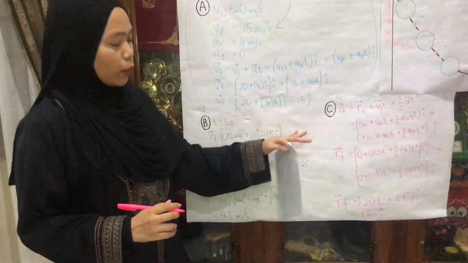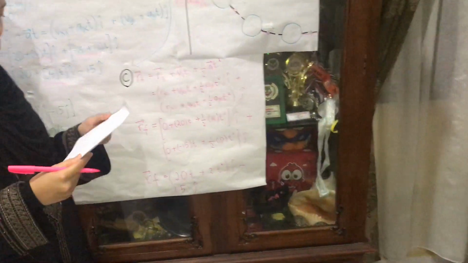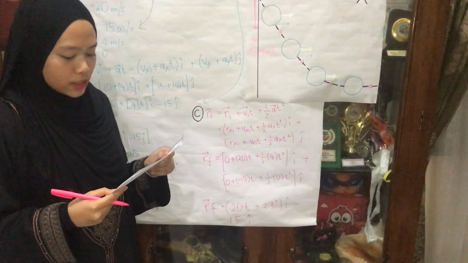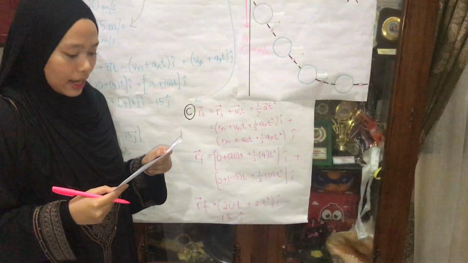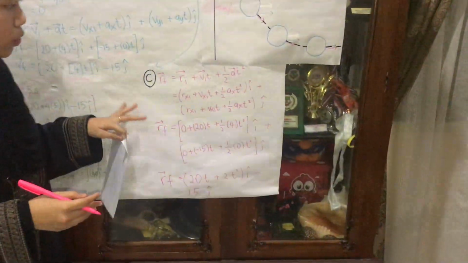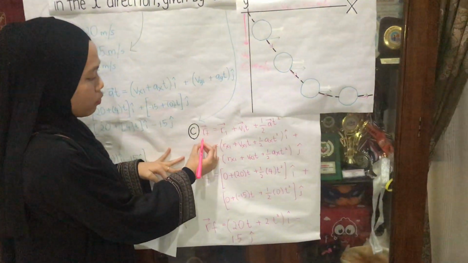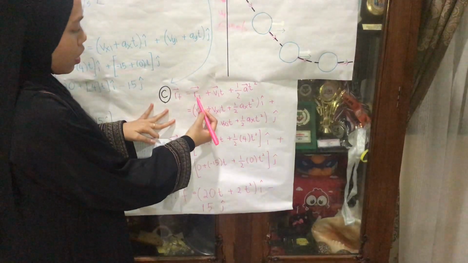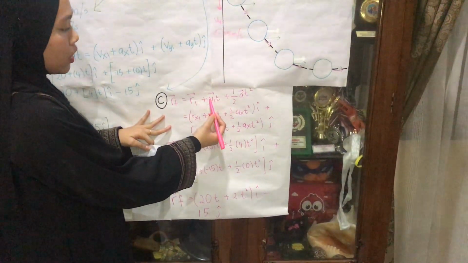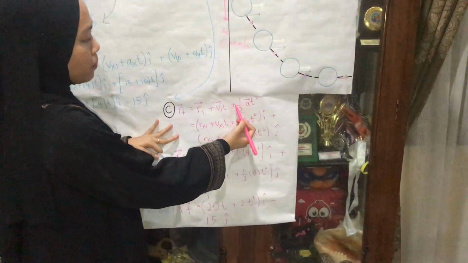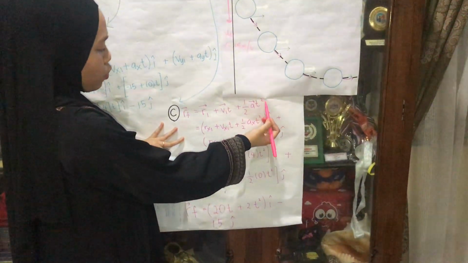So the final question, question C. Determine the x and y coordinates of the particle at any time and its position vector at this time. For this question, we use our formula, which consists of R initial plus V initial times T plus half AT squared.